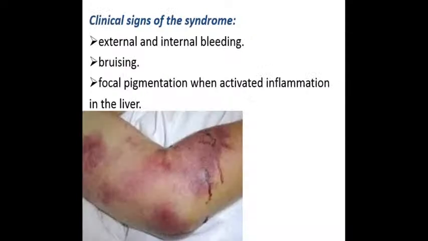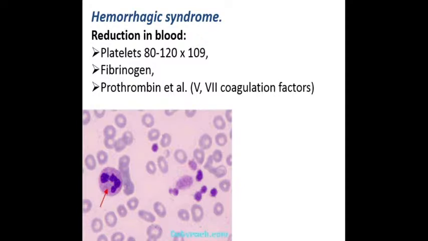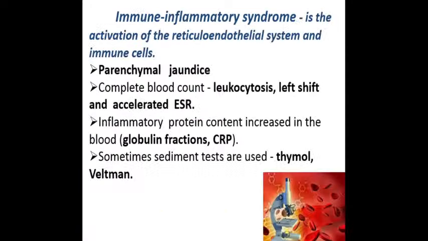And clinical signs of the syndrome: external or internal bleeding, bruising, focal pigmentation when inflammation in the liver is activated. And if we do examination of the blood, we can determine decreased thrombocytes, decreased fibrinogen and prothrombin, and coagulation factors 5 and 7.